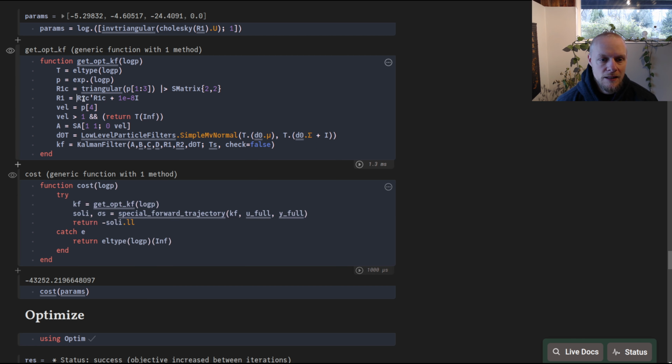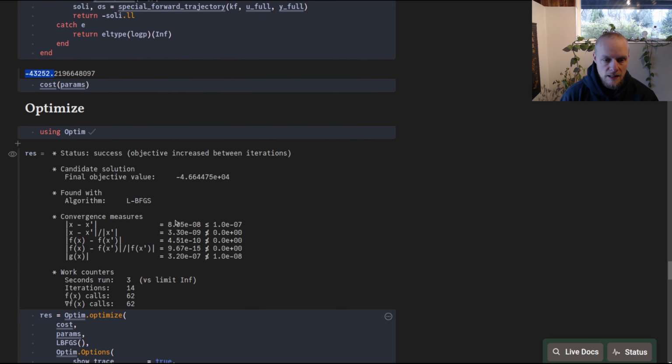So even though I use this trick to enforce that it's positive semi-definite, we can still pick a value that is 0, and that means it's semi-definite, and then the Cholesky factorization inside the filter will fail. And if that happens, then I just return inf, saying that's not a good solution. So we can test my cost function with the initial parameter vector, and it returns something. So this is now the negative log likelihood.